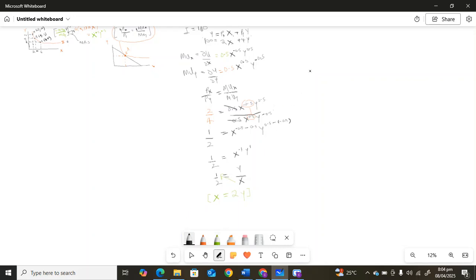So our budget constraint is 100 equals 2x plus 4y.